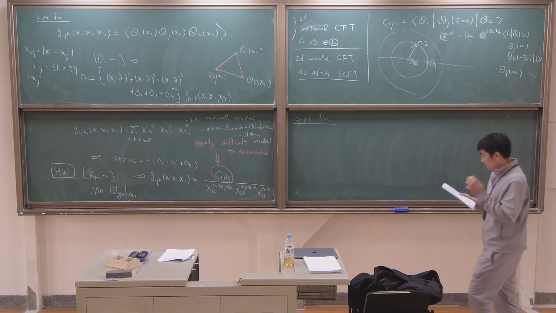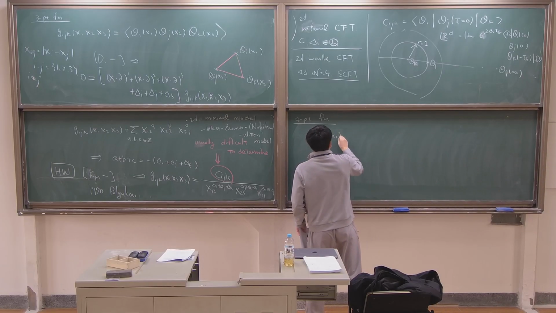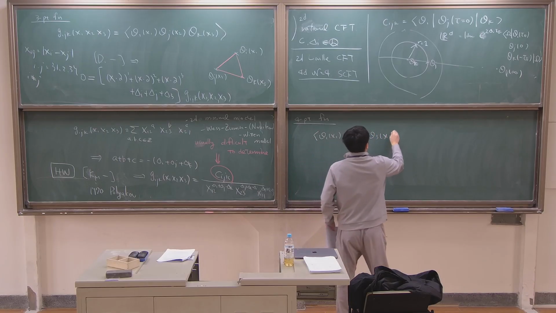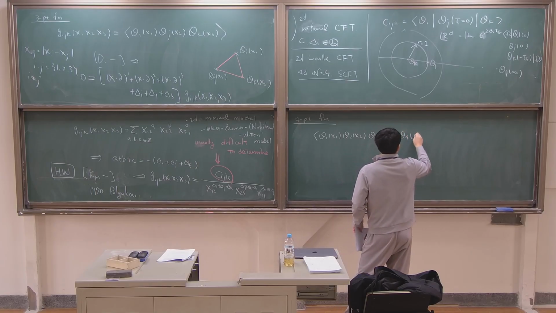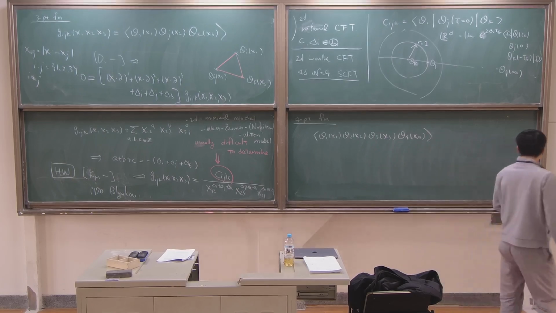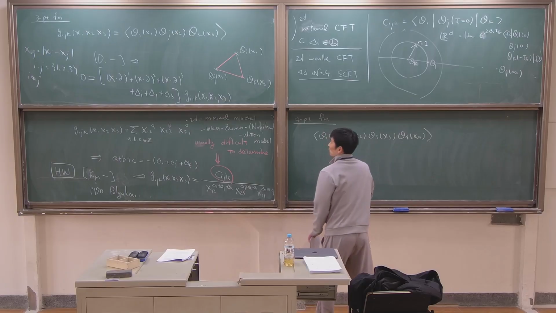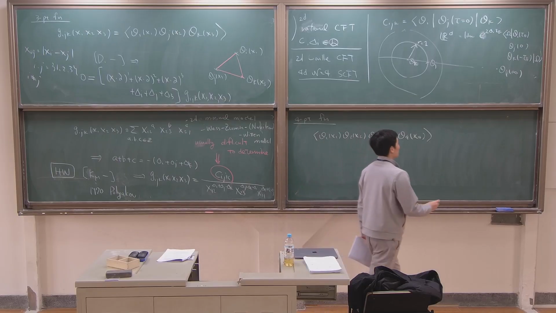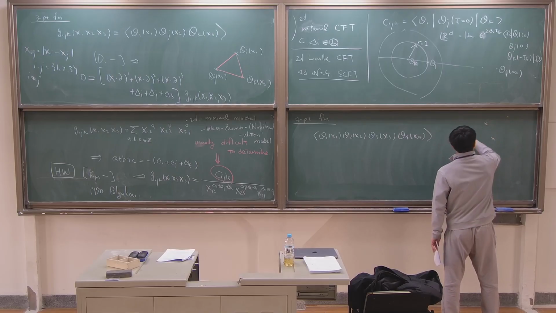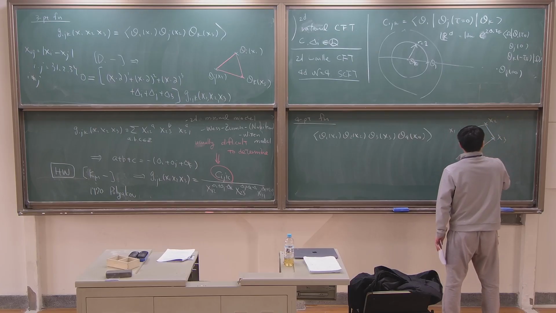The four-point function we consider is as follows, in general dimension. If you use the time translations, essentially everything is just relative distance, x1, x2, x3, x4.